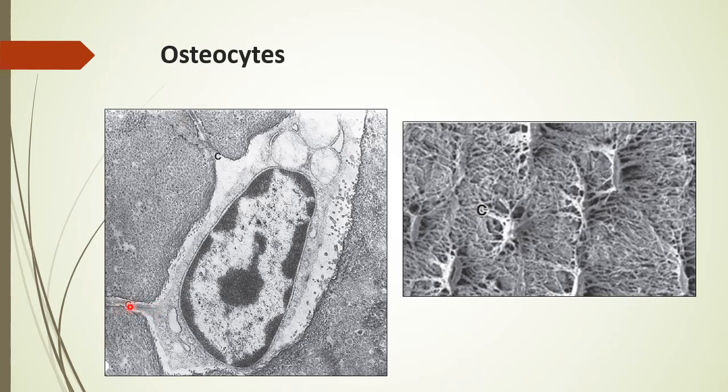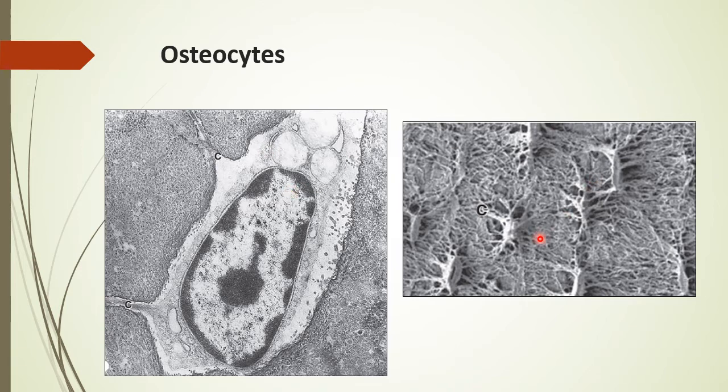This space is called the lacuna, and within this lacuna is the osteocyte. The osteocyte extends cytoplasmic processes that enter into the canaliculi, which extend from the lacuna.